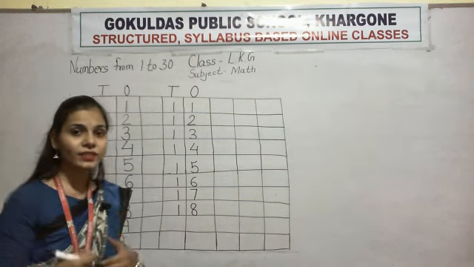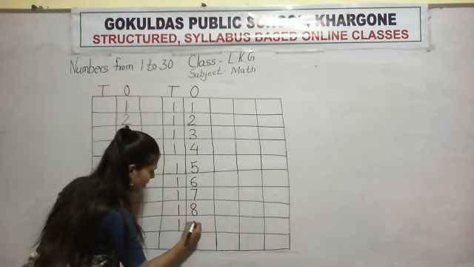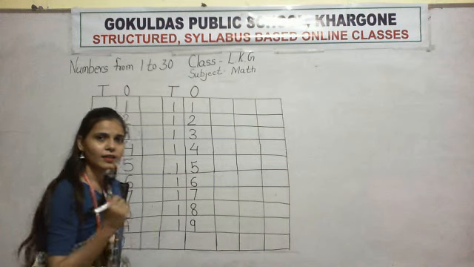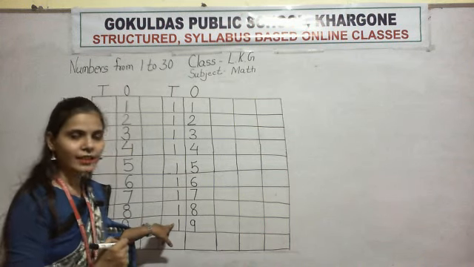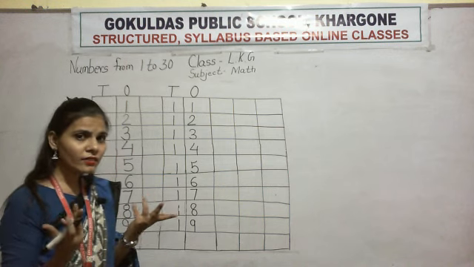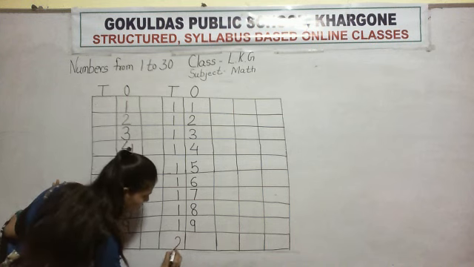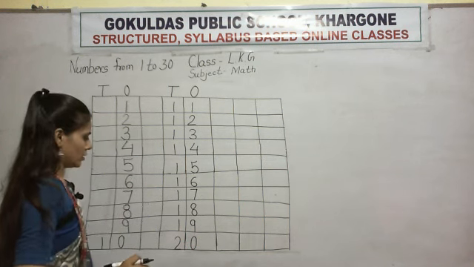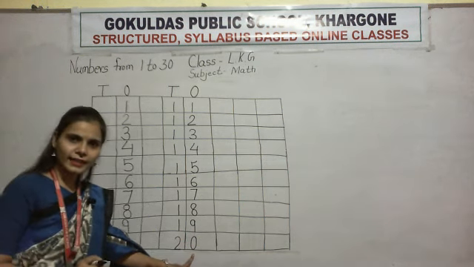After 18, which number will come? So you write here 1, 9, 19. After 19, which number will come? Yes. So here we write 2, 0, 20. Now the number is 20.